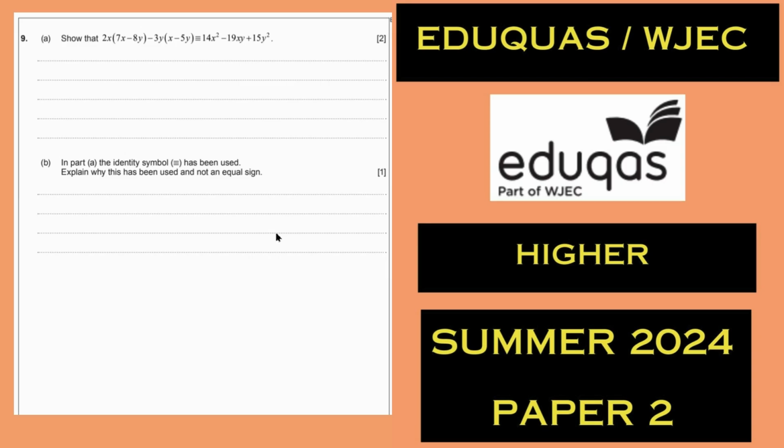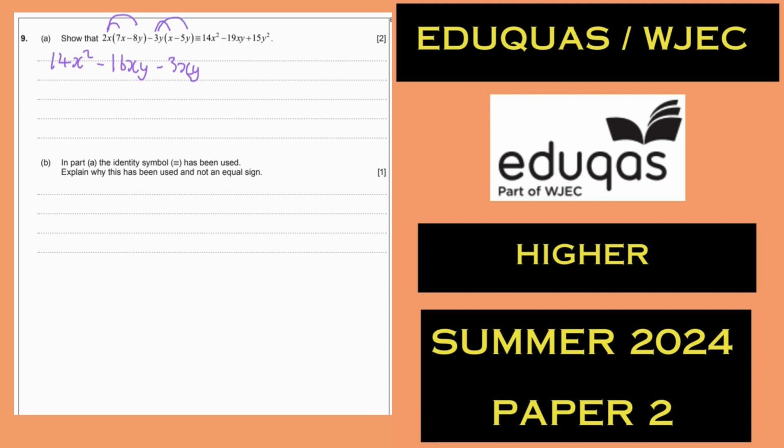9A, show means do and hope you agree. Expand the brackets. 14x squared times that, it's minus 16xy. That bracket, that loop, is minus 3xy.